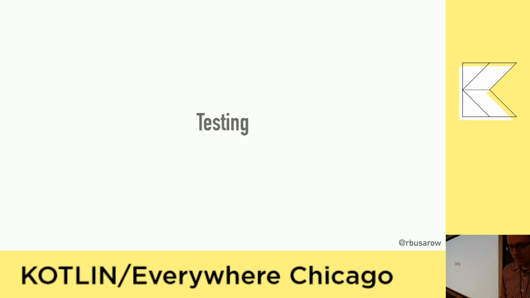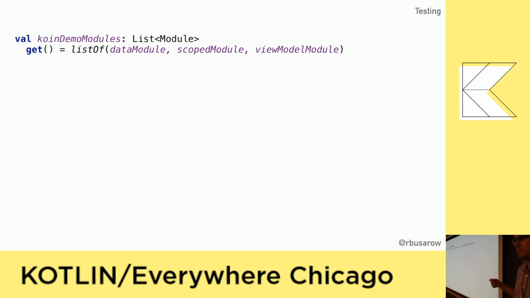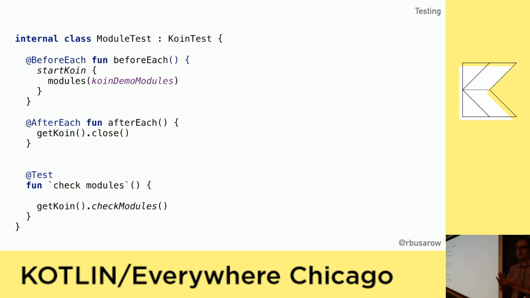Oops. And we're running out of time, so let's go through the testing really quickly. First we're talking about compile time. This has always been a problem with Dagger. Constructor injection makes testing easy, but Dagger makes it hard because you can't override modules. My bad. So everybody says, oh, Koin isn't safe, you don't have compile time checks.